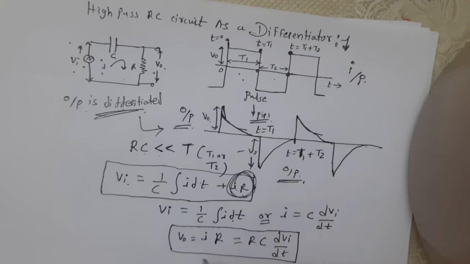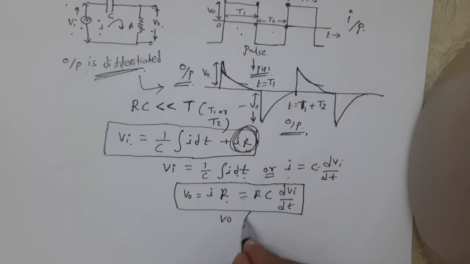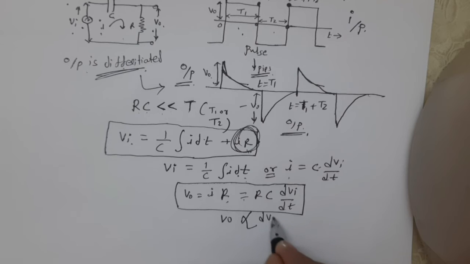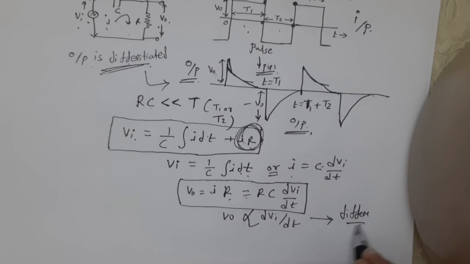We write Vi is equal to 1 upon C integration of I dt, and from this I is equal to C dVi by dt. Therefore Vo is equal to IR; putting in the value of I, Vo is equal to RC dVi by dt. Because RC is very small and constant, Vo is directly proportional to dVi by dt. That means the circuit works as a differentiator.